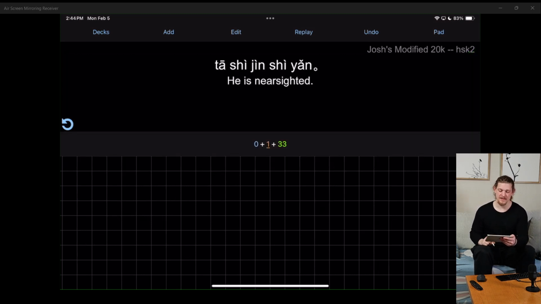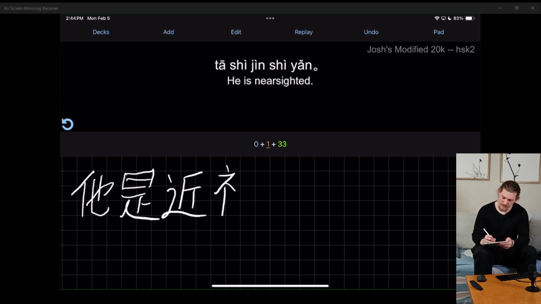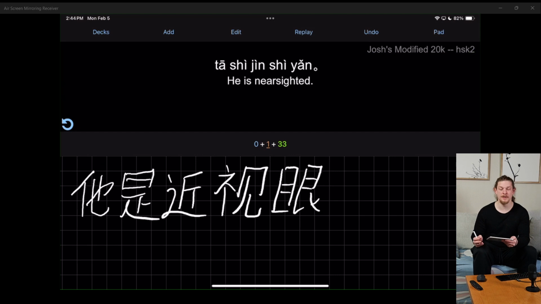So, 他是近视眼. All right, so we got another chance here at this one. He is close. He is of close-looking eyes. So no prepositions in Chinese.